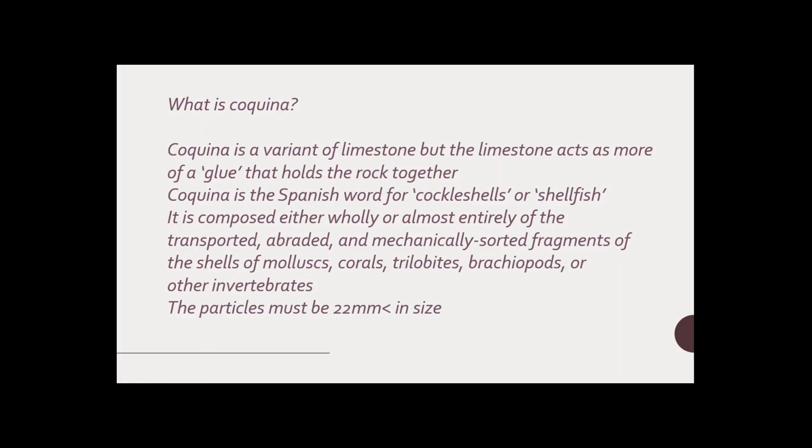It's composed wholly or almost entirely of pieces of mollusks, corals, trilobites, brachiopods, or other shelled invertebrates. Anything that has a shell will be part of this coquina. And they must be bigger than 2 millimeters in size to be considered part of that rock.